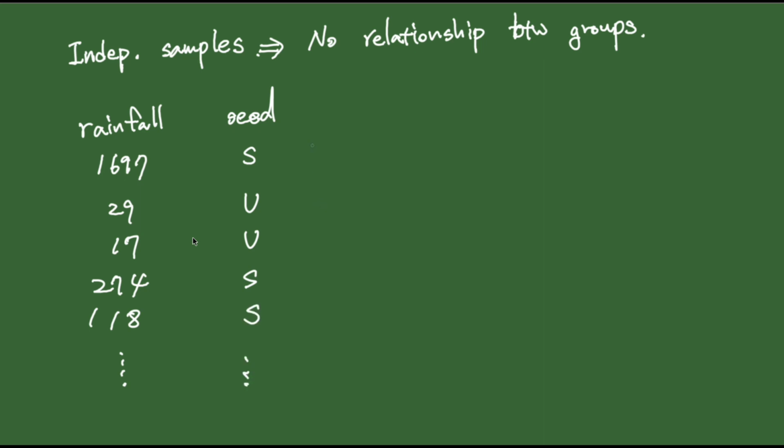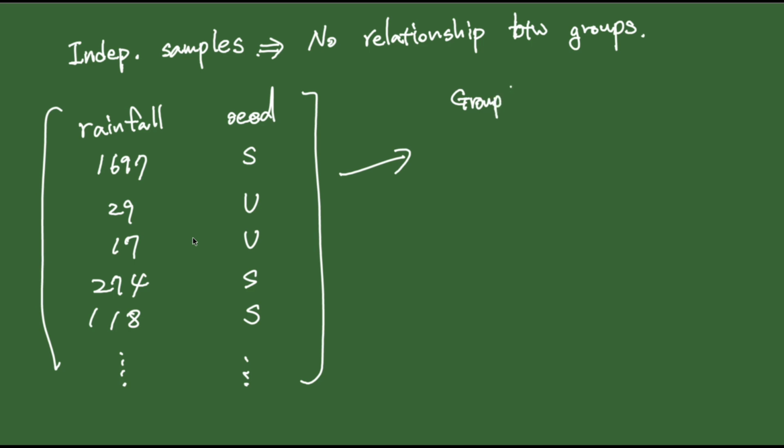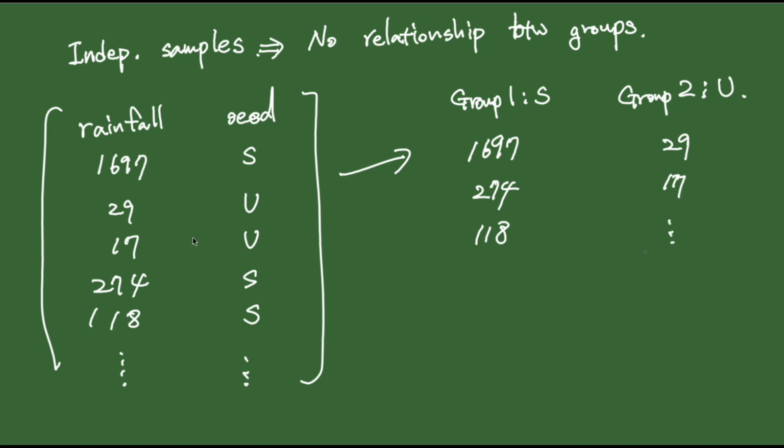We can convert this data into two groups, right? Group 1 is the seeded group, and group 2 is the unseeded group. The first number in group 1 will be 1697, then 274 and 118, and for the unseeded group we have 29 and 17 and so on.